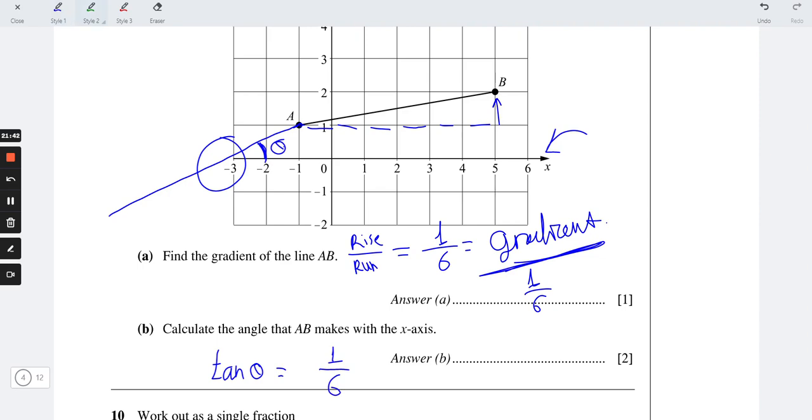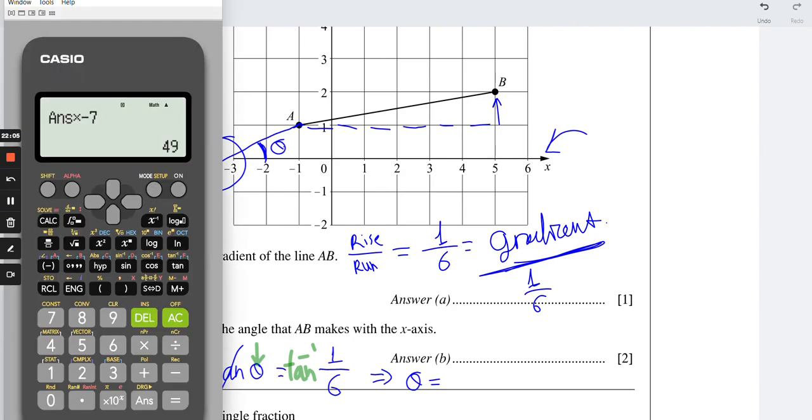Now to find the angle theta here, we will use tan inverse. So tan inverse to both sides. Tan inverse of 1 over 6 will get what? Tan inverse with tan, they will cancel each other, so what is left over is theta equals tan inverse of 1 over 6.